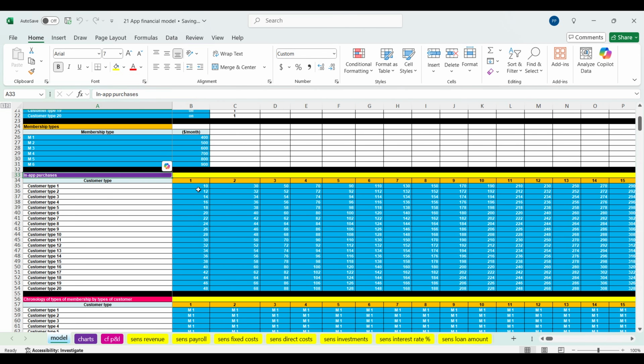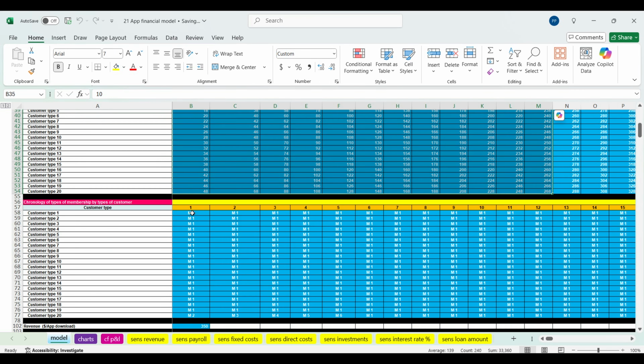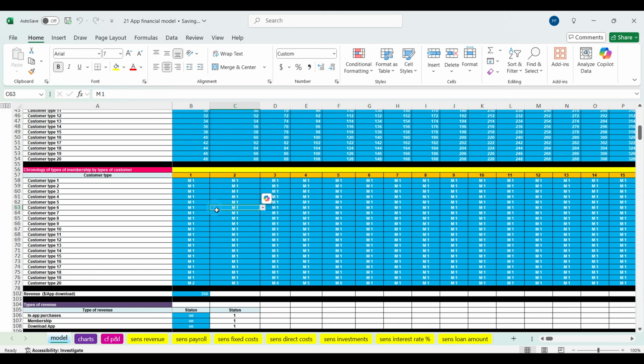So when the model is ready, you will be playing with this block of inputs a lot. Then what also is very important, the next block of inputs deals with the situation when different types of customers may be jumping from one type of membership to another inside the timeline.